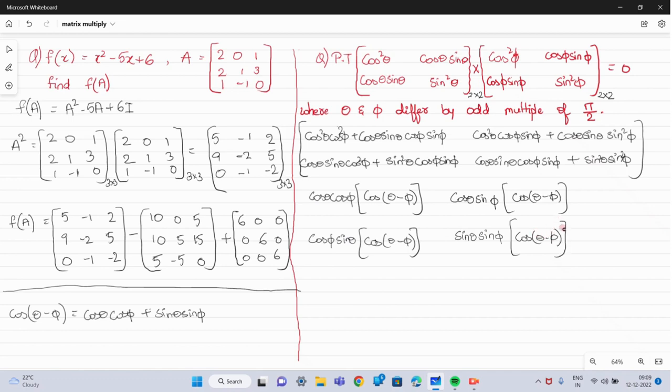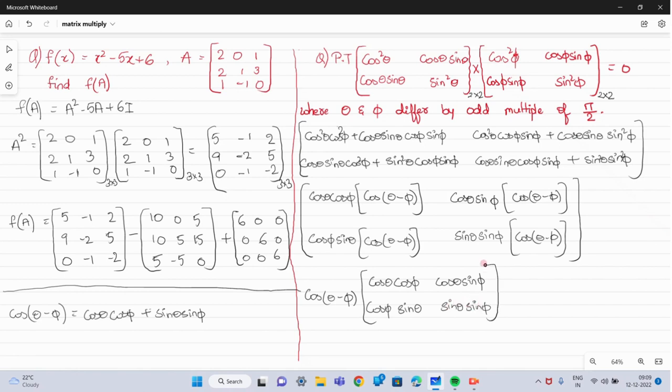So now take cos of theta minus phi common from all the entries, because it is the same thing. Now what remains inside is cos theta cos phi, cos theta sin phi, cos phi sin theta, sin theta sin phi.